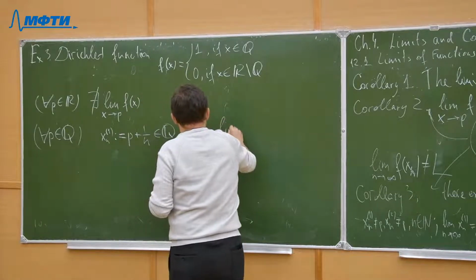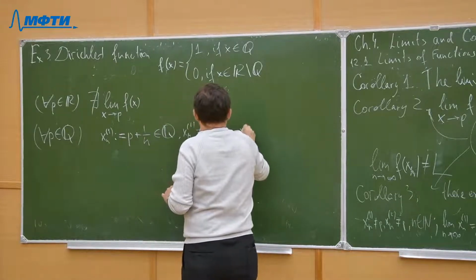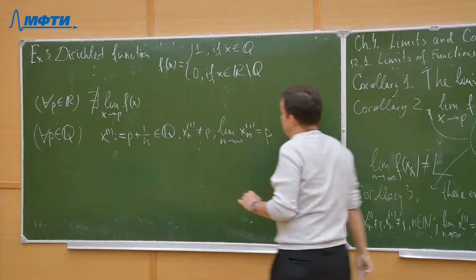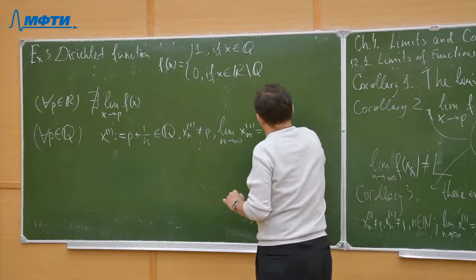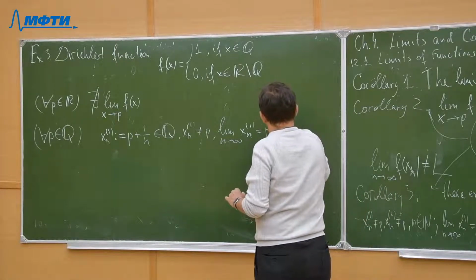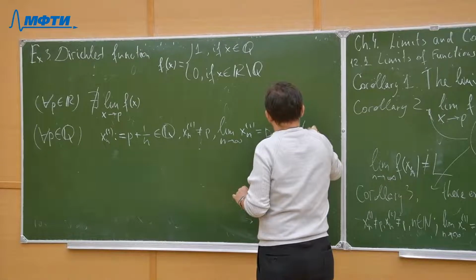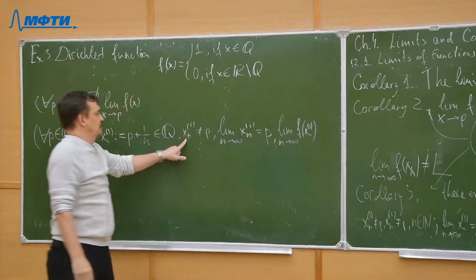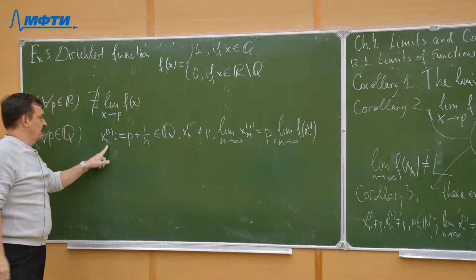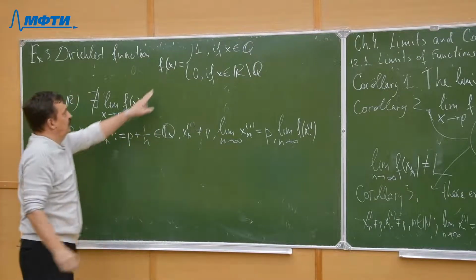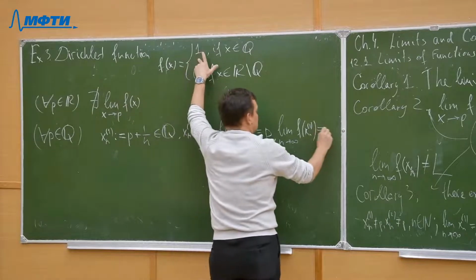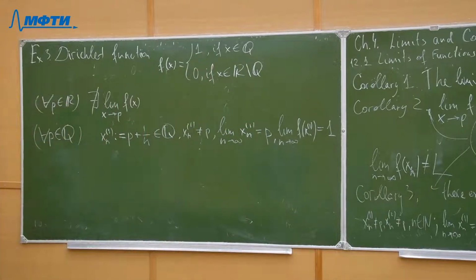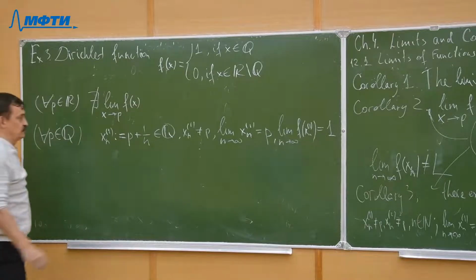The limit of xn1 equals p, but the limit of the values: look, all xn1 are rational, hence the values of the function are equal to 1, and the limit of the constant sequence is 1.